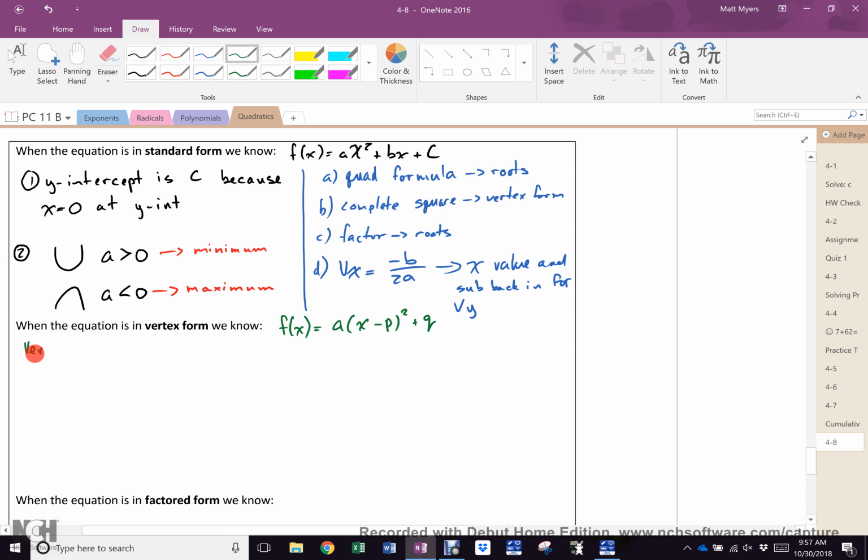The vertex is p, q. Except, what do you got to remember? P is the opposite sign. Right? Because it says negative p. Right? What else does it tell us immediately?